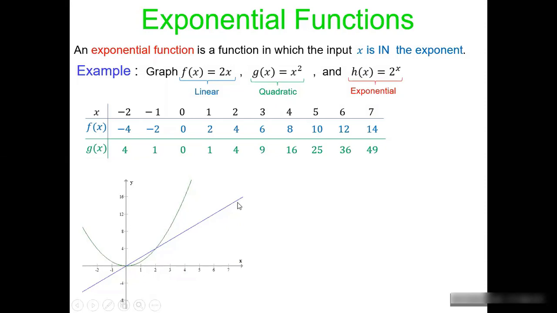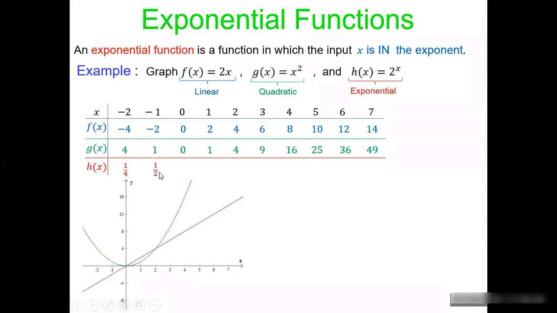So let's take a look now at what happens with exponential functions. Notice that when you take 2 to a power that's negative, you're simply taking the reciprocal of the positive value. So 2 to the -2 power is 1 over 2 to the power of 2, which is 1/4. Next, you get 2 to the power of -1, which is 1 over 2 to the power of 1, or 1/2.